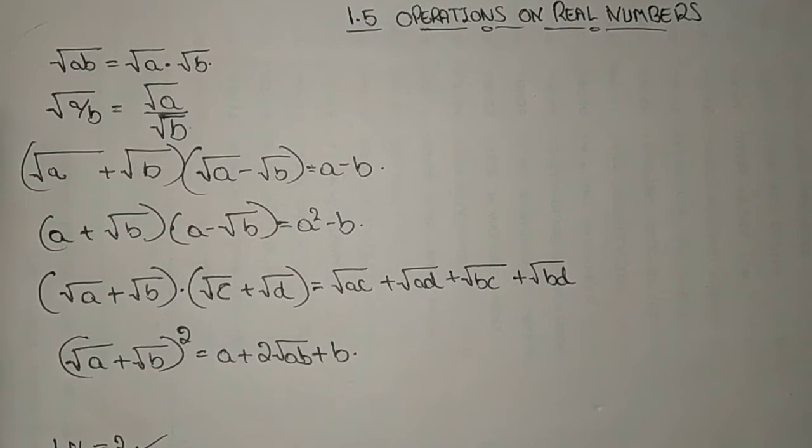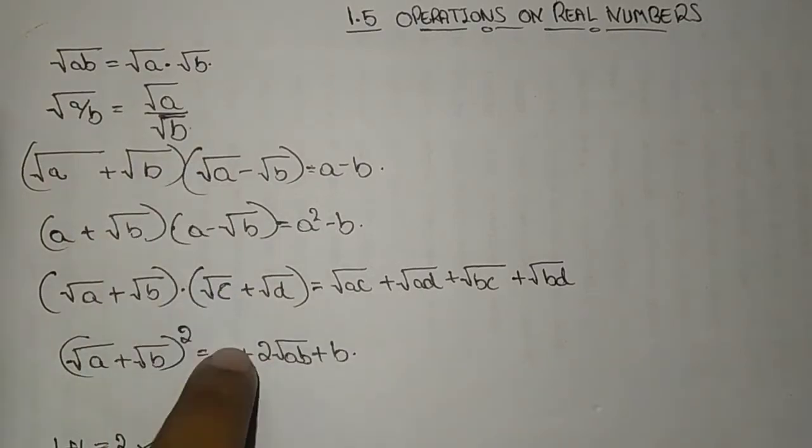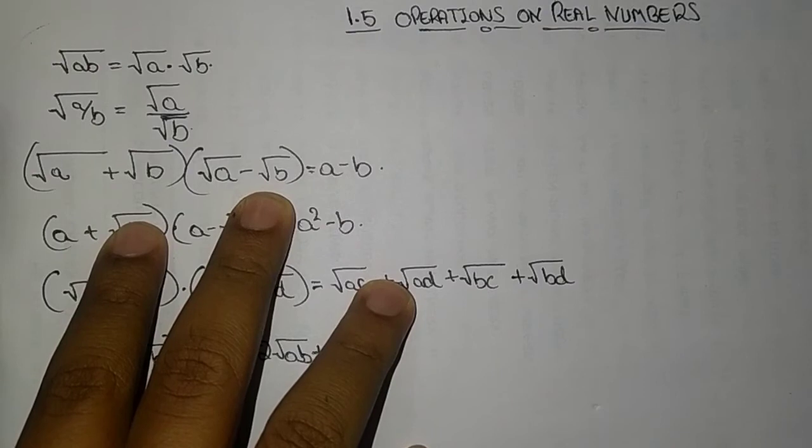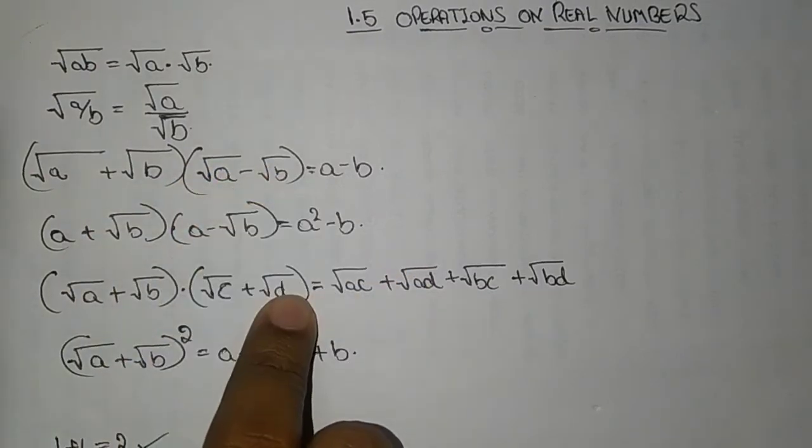Irrational numbers. Here we are dealing with one such concept. We are dealing only with addition and subtraction as per your syllabus, and these are the formulas you need to remember. I will show you how to remember; it is a technique you are supposed to know.